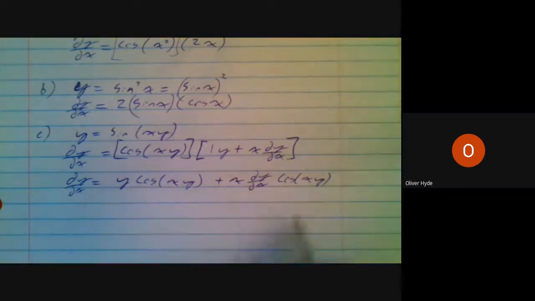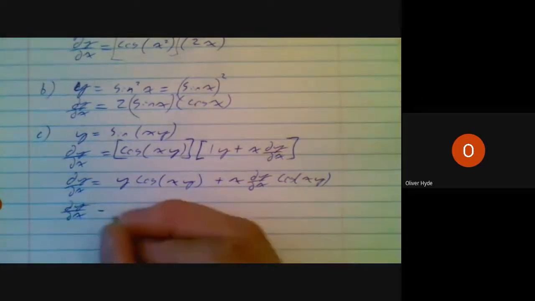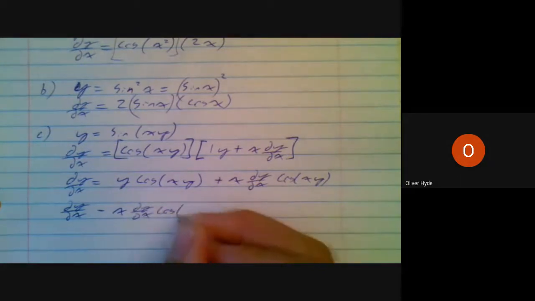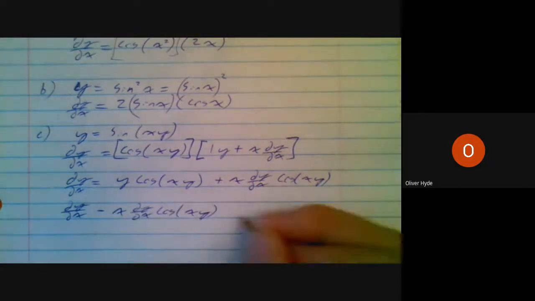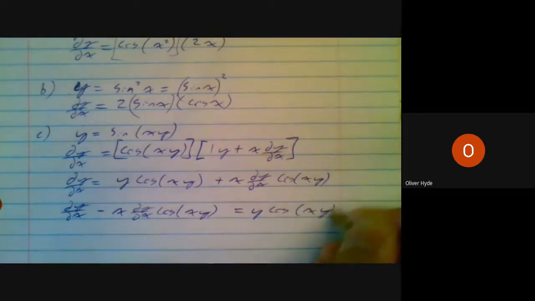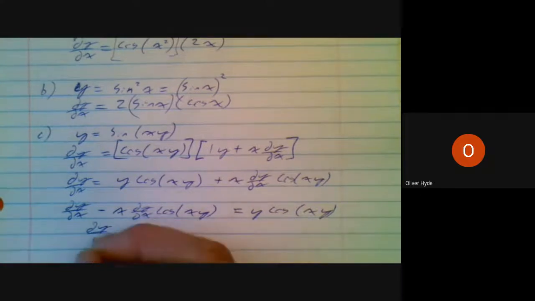I'm going to subtract x dy by dx cos of xy from both sides. So I'll have 1 dy by dx minus x dy by dx cos of xy equaling y multiplied by the cosine of xy. I'll remove a common factor, dy by dx.